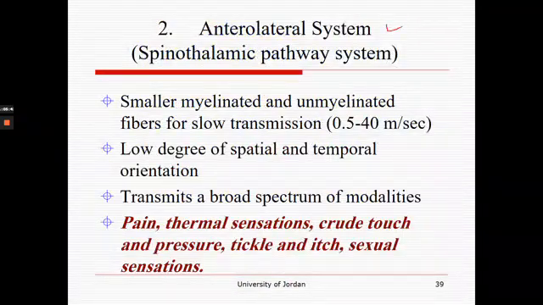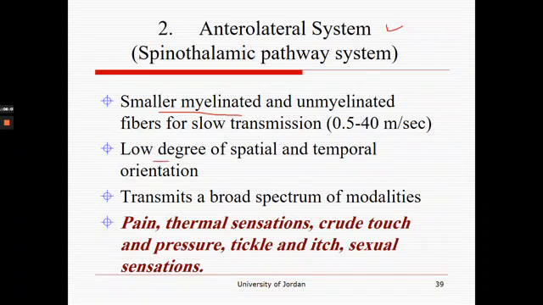The anterior lateral system pathway. The anterior lateral, or anterior spinothalamic, pathways run in the anterior and lateral aspects of the spinal cord. We might have anterior spinothalamic and lateral spinothalamic. They run through small myelinated and unmyelinated A delta and C fibers.